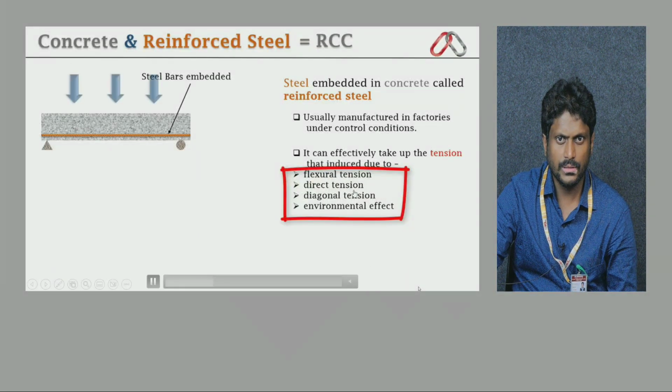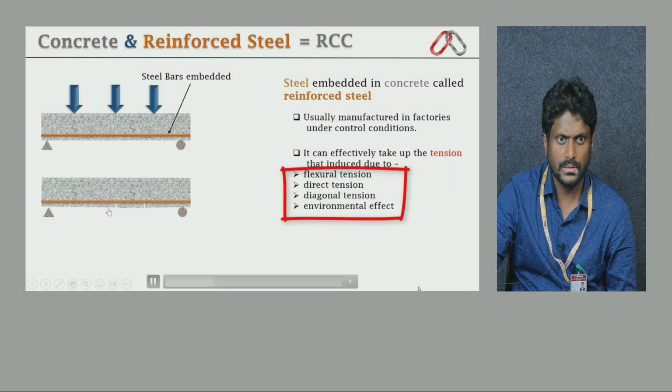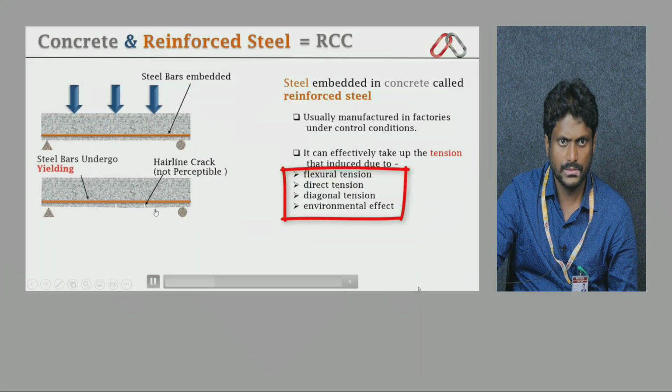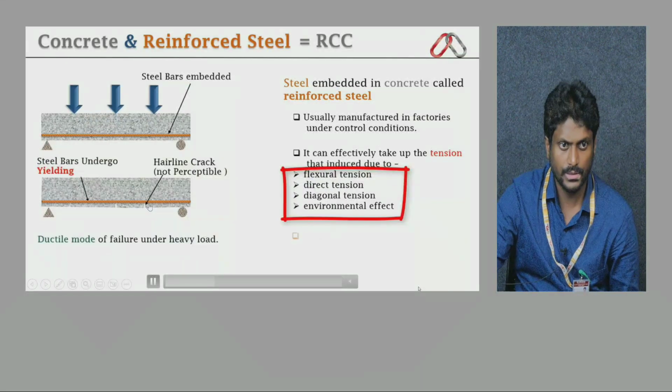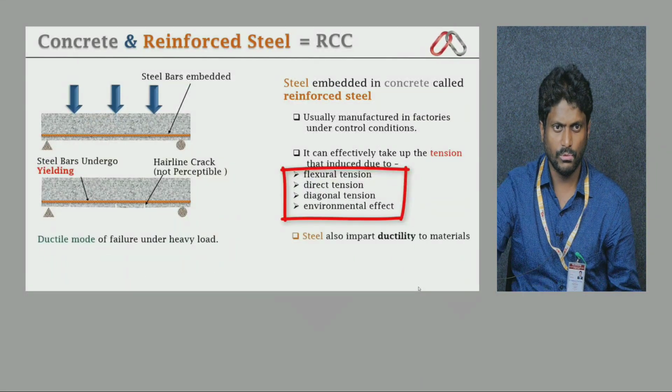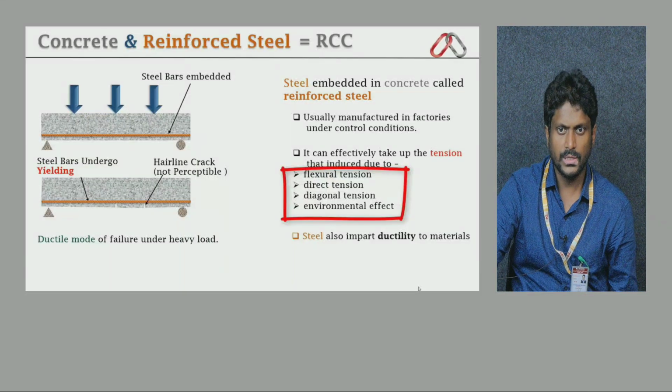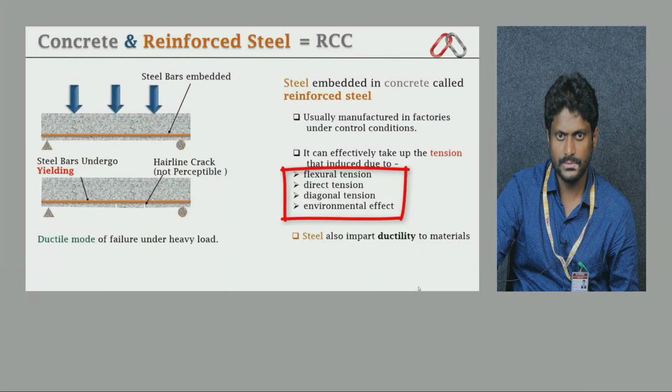You can see here how the load is applied to this beam, and the cracks are happening here. The cracks occur at the bottom, but because of the steel, this is getting controlled. That means the failure becomes a ductile mode of failure under heavy loads. So steel also imparts ductility to the material.